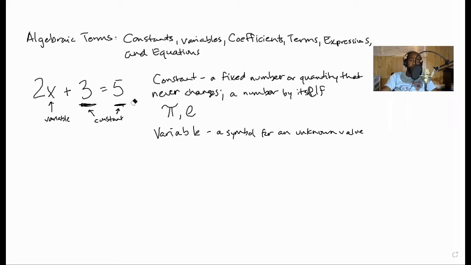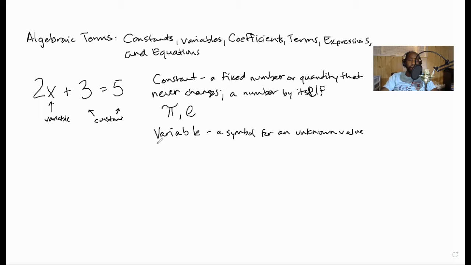So x is a variable. It's a symbol for an unknown value. In other words, x can take on any value that you want it to take on, but it's unknown, so we just put an x there. So a constant is a fixed number, a quantity that never changes. But a variable is an unknown value, and you put a symbol in its place. It could be x, y, a, b, c, d, e, f, g, whatever you want it to be.